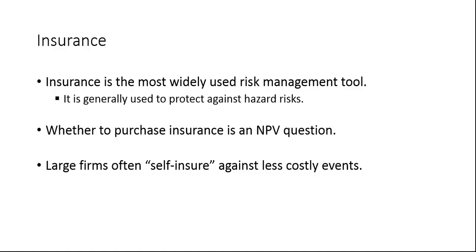Do the benefits outweigh the costs? If they don't, then it may be better just to accept the risk. Turns out that large firms often self-insure against less costly risks. So they just set aside money to pay in the event of a loss rather than purchasing insurance.